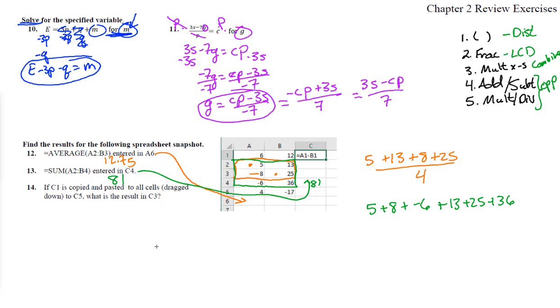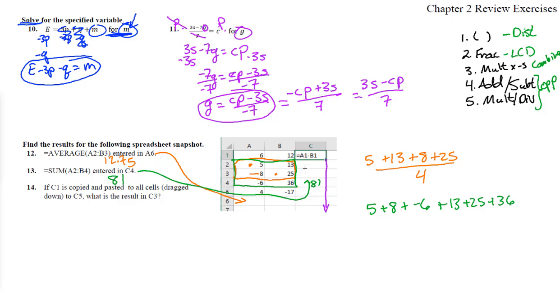All right, and now let's try number 14. If C1, so that's this guy right here, equals A1 plus B1, so that's an equation, is copied and pasted into all cells, so drag down. So you're going to grab this little guy and drag it down to C5, so this one right here. What is the result in C3?